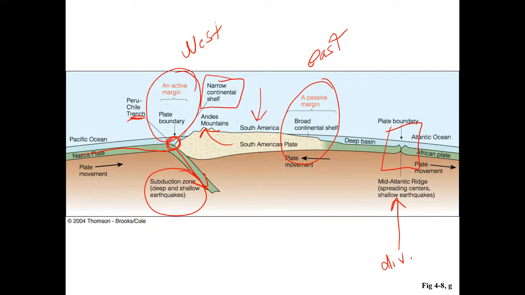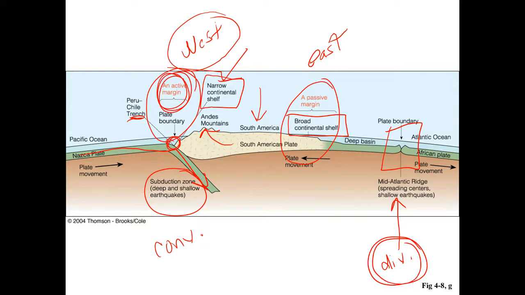The shelf is part of the margin, and here it's called a broad shelf. Again, shelf is part of the margin. So if you have on the west side a convergent boundary, you have an active margin and a narrow shelf. On the opposite side, if you have a divergent boundary, you have a passive margin and a broad shelf. It's a really big distinction.